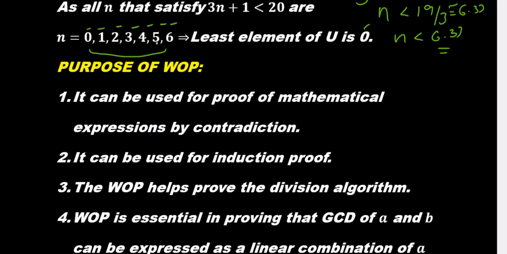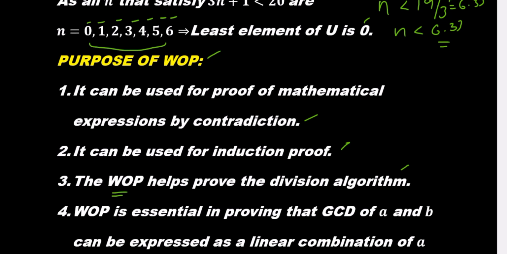Purpose of WOP: it can be used for proof of mathematical statements by contradiction. This is the first purpose. It can be used for induction proofs. WOP means well ordering principle. The well ordering principle helps prove the division algorithm.